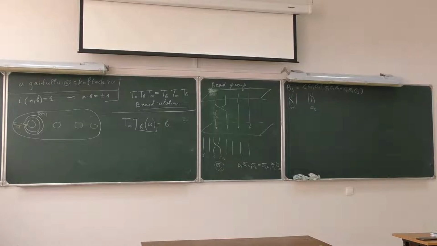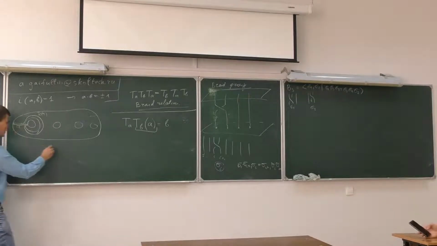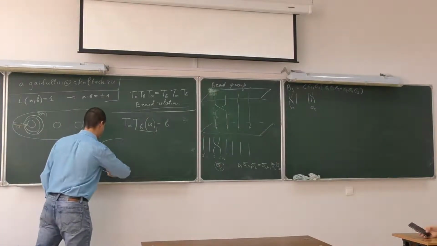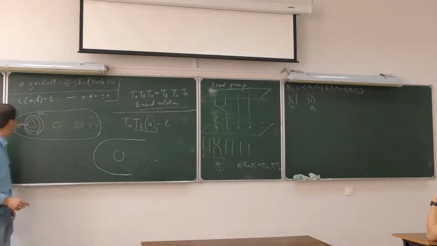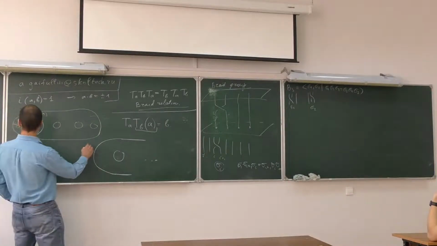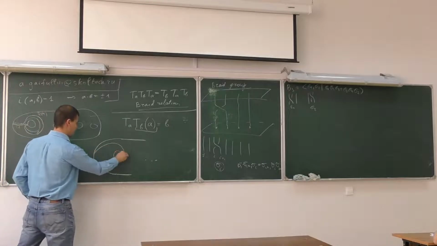And now I just would like to draw it once more. Now I don't want to think about curve B anymore. I just would like to draw T_B of A, and actually I am interested in it up to isotopy. Up to isotopy, this is the same curve as this one.